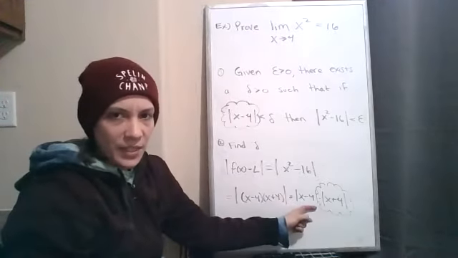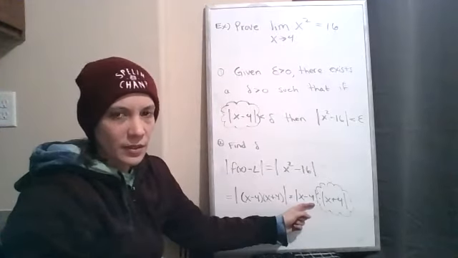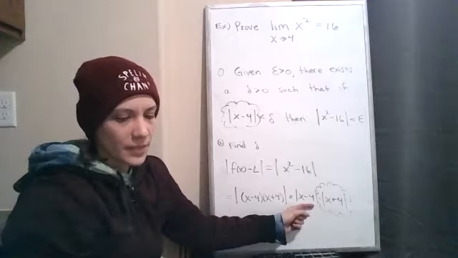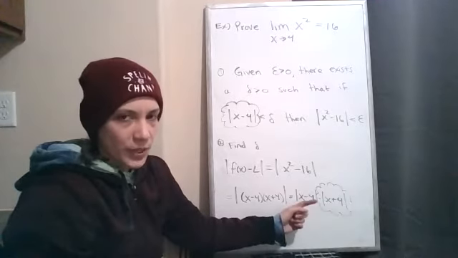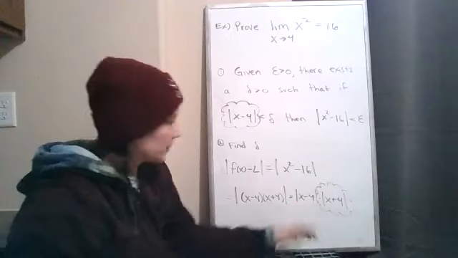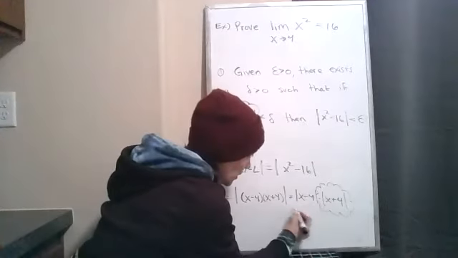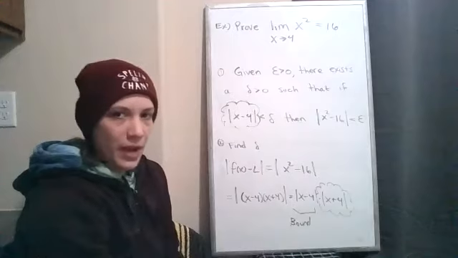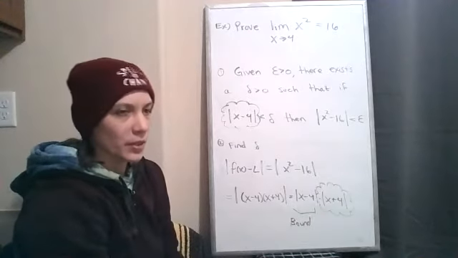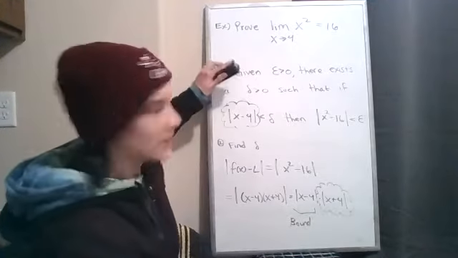Except your delta can't have any variables in it, so no x values for some delta. It's going to be like a number. Anyway, we'll put bounds on x minus 4, or bound the absolute value of x minus 4.